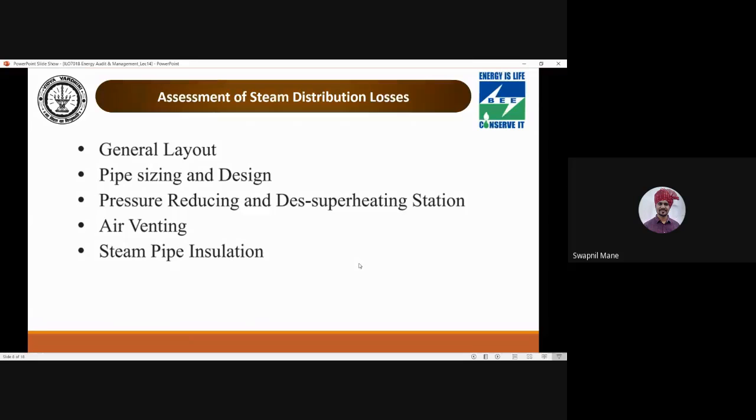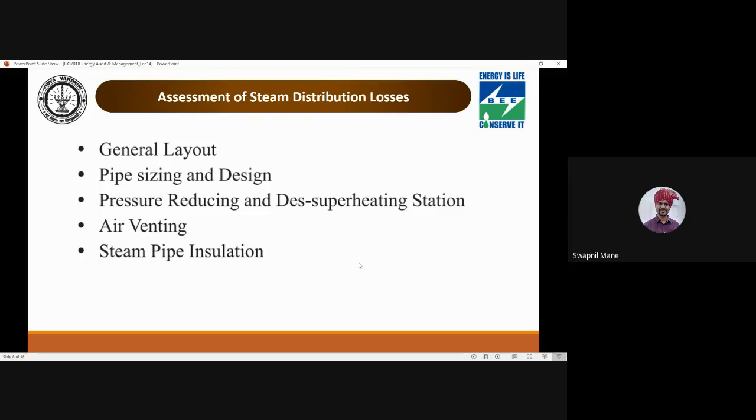Okay, and then we have seen the numerical, where we can calculate the pipe sizing based on the velocity. So in practice, whether for water pipes or steam pipes, a balance between the pipe size and pressure loss should be maintained. The steam piping should be sized based on permissible velocity and available pressure drop.